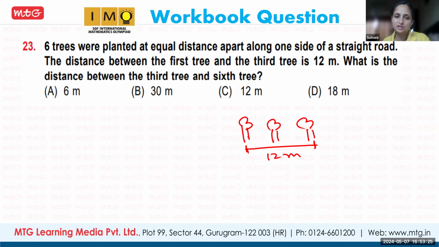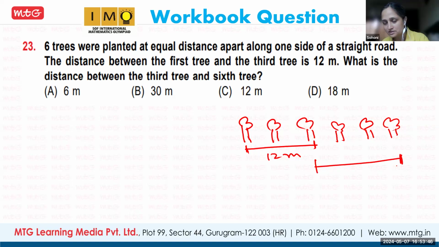What is the distance between third and sixth tree? There are total 6 trees, and all are at same distance. So what is the distance between third tree and sixth tree?